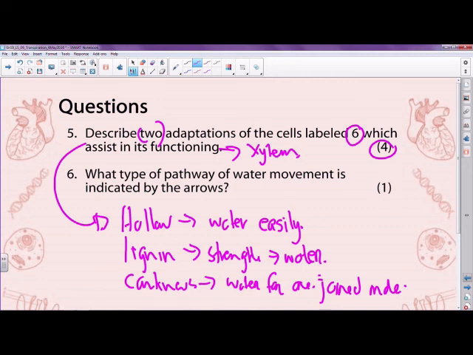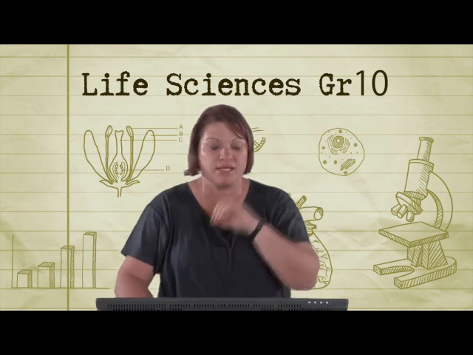So when we're looking at the question here, you only needed 2, but what did I need you to do again? Describe, not list, describe. You need to do work for your 4 marks. Tell me, what is the special adaptation and what makes it so special?